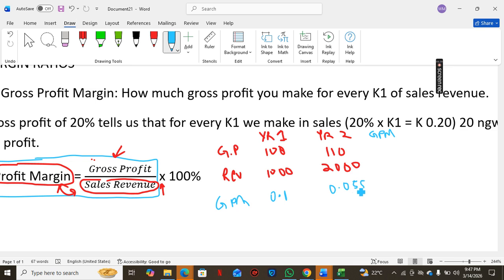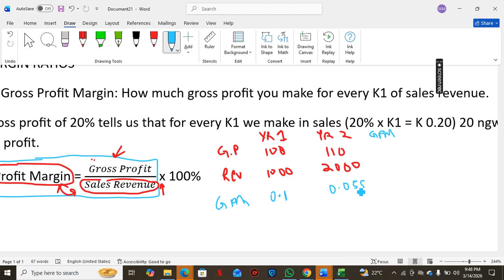That's 5.5%. So for every 1 kwacha in sales revenue, you make about 5 ngwe as your gross profit.